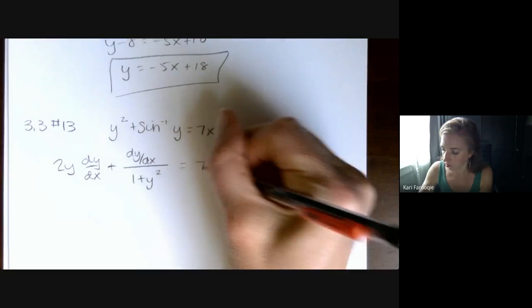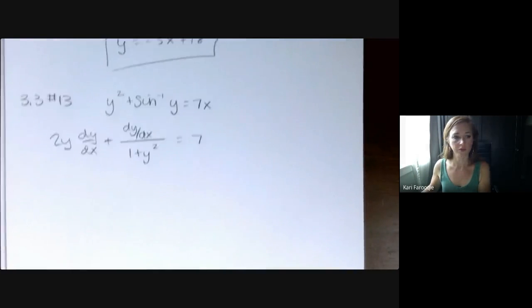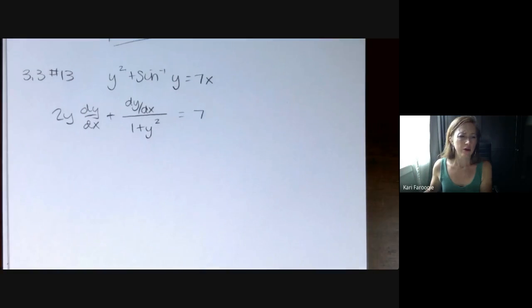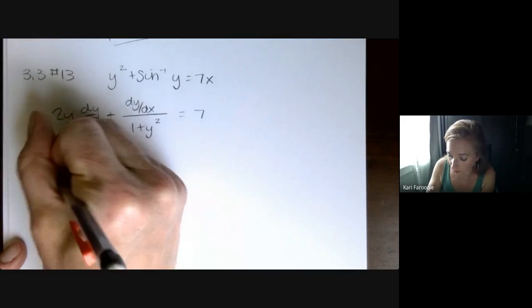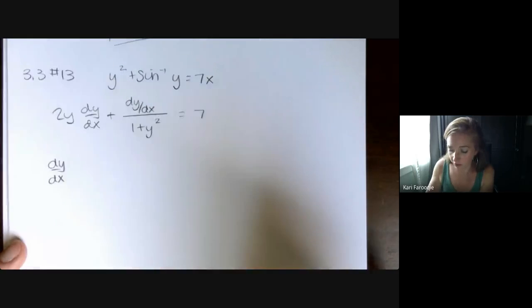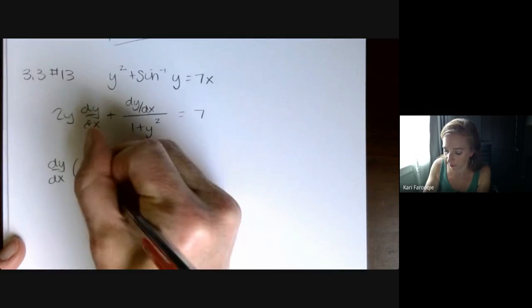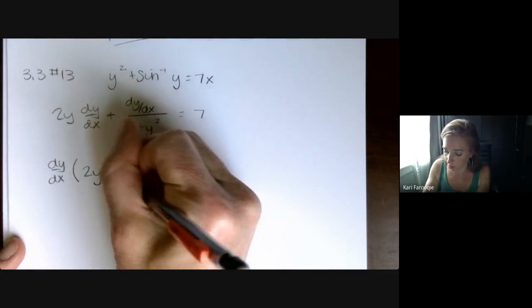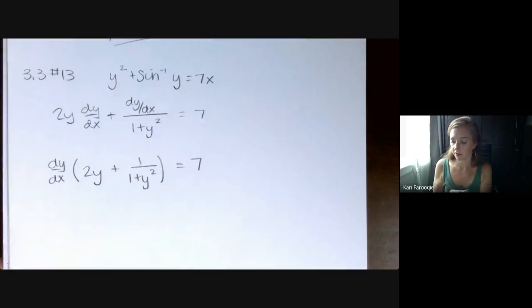And that's going to be equal to 7 on the right-hand side. Okay, now I want to get all the dy/dx's on one side and all the non-dy/dx's on the other side. This looks really confusing the way that it's written. If you want to factor the dy/dx out now, and then we'll work on simplifying what's left, that's probably going to be the easiest thing to do. If you do that, you'll have dy/dx times 2y plus 1 over 1 plus y squared equals 7.